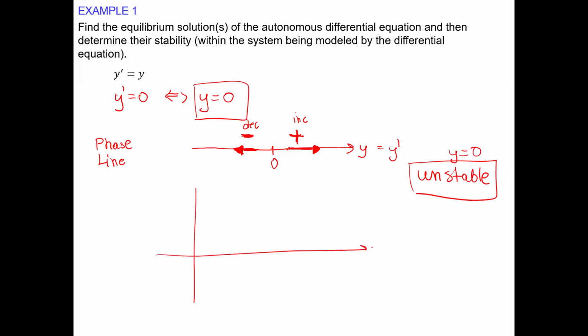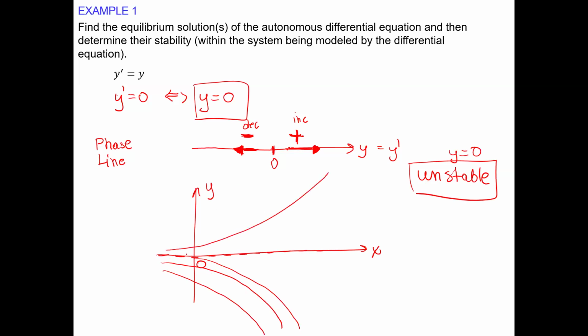If we draw this as a solution, we remember this is the equilibrium solution, 0. Below the x-axis the solution is decreasing, and above it is increasing, and we can see they tend to go away.